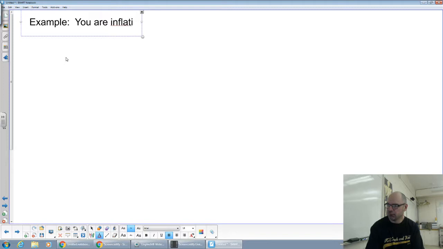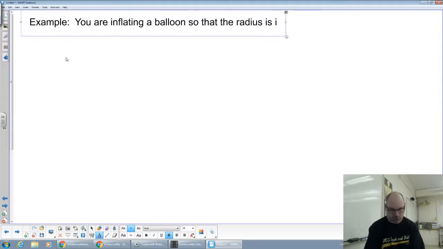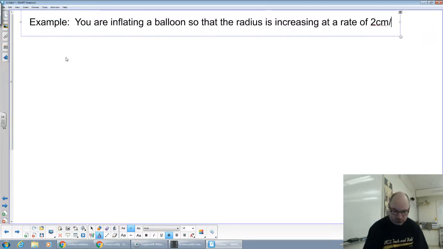You're inflating a balloon so that the radius is increasing at a rate of 2 centimeters per second. Okay, so that tells us the radius is growing. When the balloon has a radius of 4 centimeters.